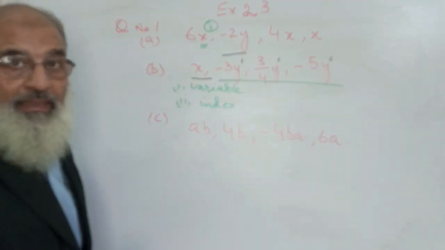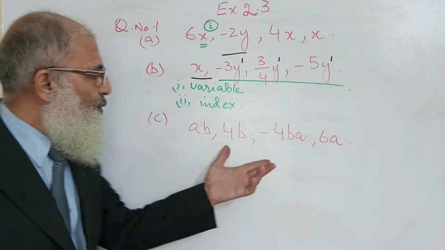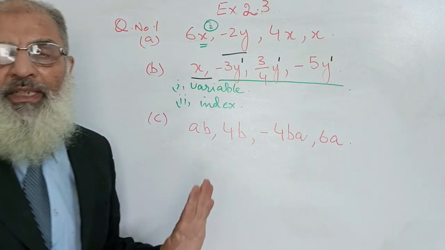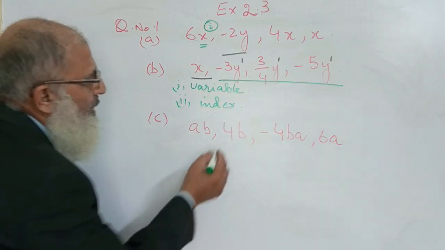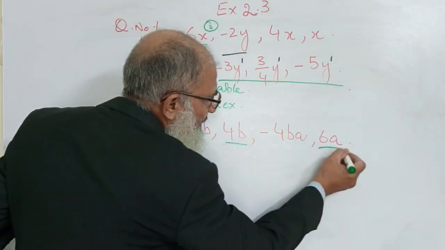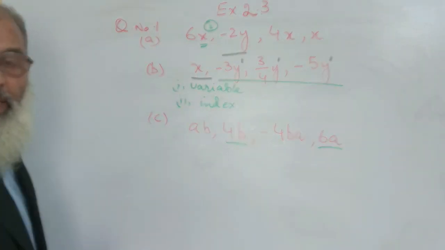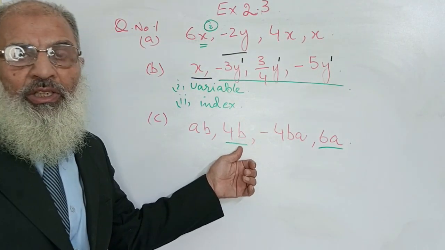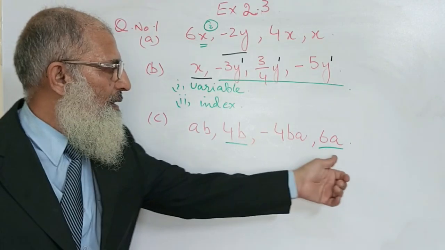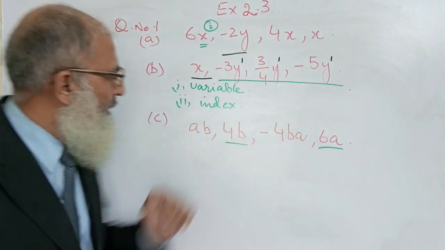Now you see that there are two terms which have only one variable. This has b as a variable, this has a as a variable.